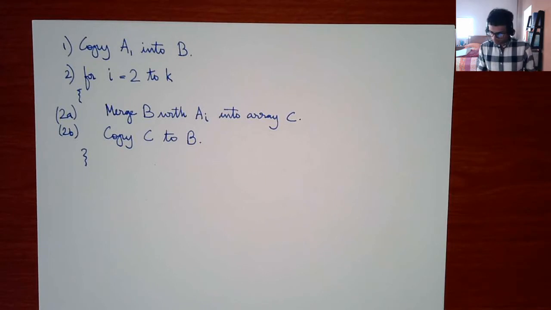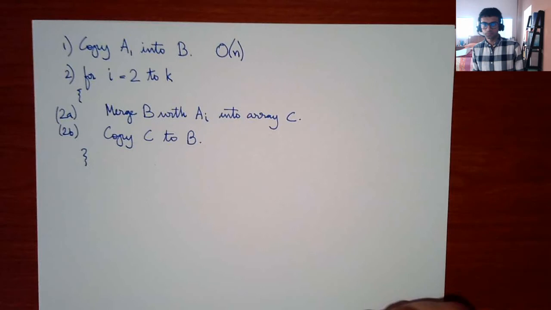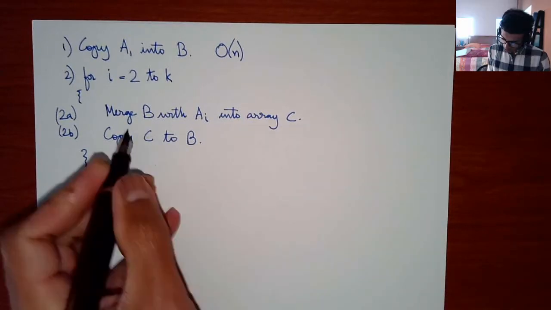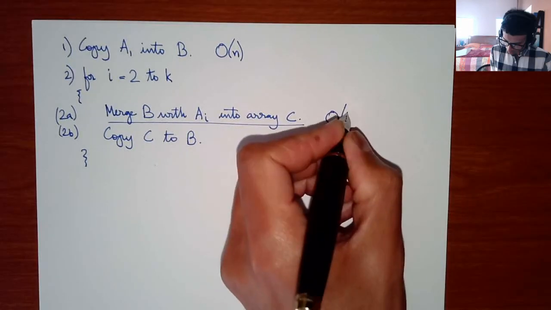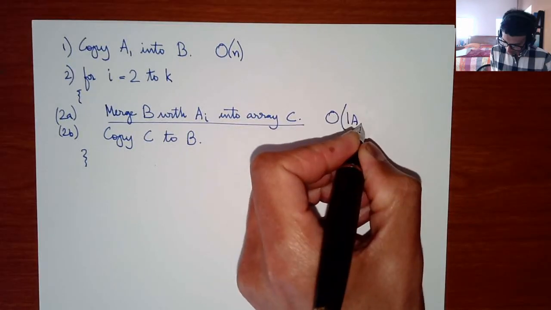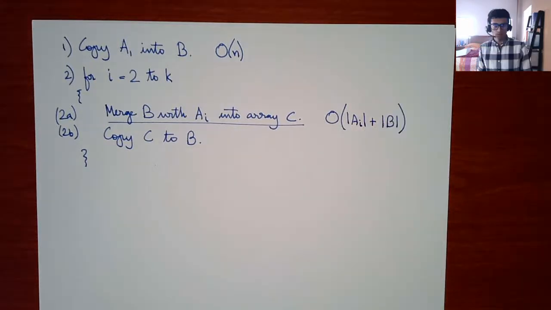Okay, so what is the running time of the first step? That's just O of n. What is the running time of this step? Now this we need to think about. The running time is really the O of the length of Ai plus the length of B at this stage. Now the length of Ai is just n.